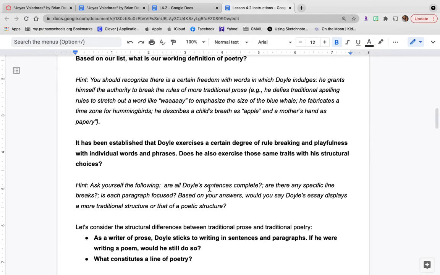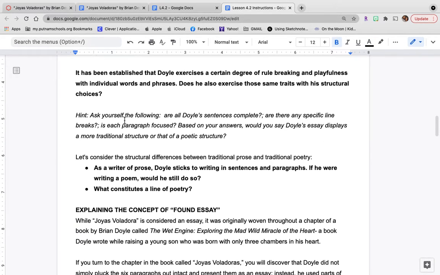Okay, so it has been established that Doyle exercises a certain degree of rule breaking and playfulness with individual words and phrases. So does he also exercise these same traits when he's making a structural choice?